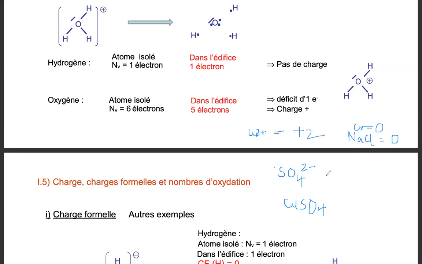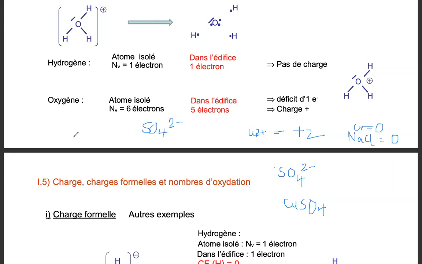So when you're calculating for radicals, more especially the sulfate radical, you are always going to equate the charge of the radical. You're going to equate the sum of the charges for the sulfur and for the oxygen to the charge of the radical, which is a unit charge.